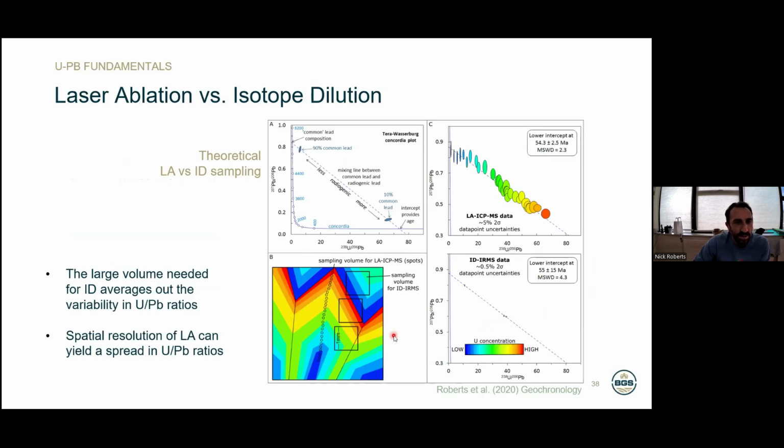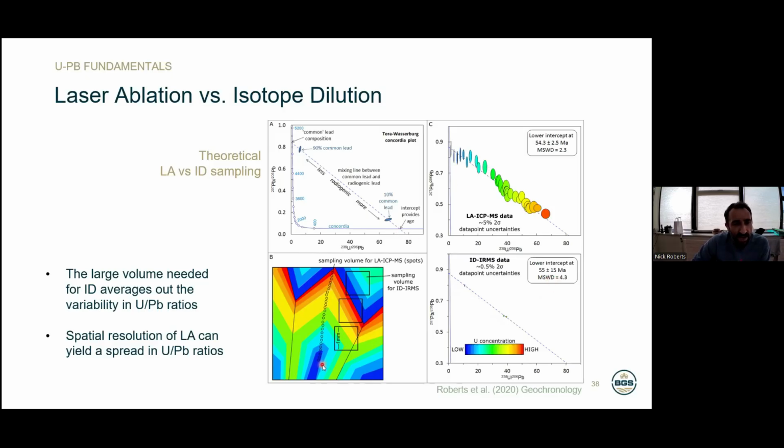If we wanted to drill it out for isotope dilution, we have to sample quite a large volume, but then when we've done these measurements, we have very small data points. So we might have 3 very small, tight, precise data points. But with only 3 data points on this regression, they might actually end up with quite a few errors.